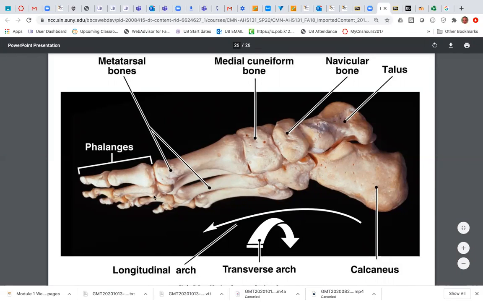When you pull on the strings or the muscles, the bow increases, and that's called pes cavus. That's a high arc. When you decrease the tension on the muscles this way, it flattens out, becomes more straight, called pes planus.